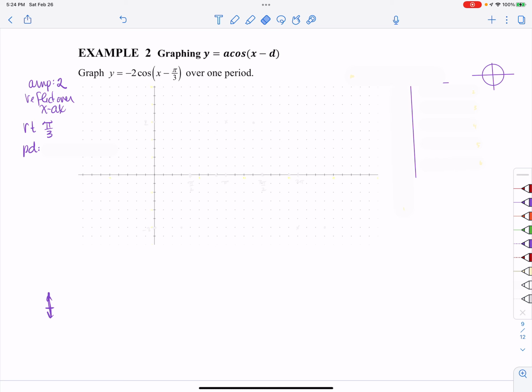And the period is going to be 2 pi over 1, which is 2 pi. So the first thing I'm going to work with is the amplitude, the reflection, and the period. Those are the only 3 things I'm going to work with. And at that point, I will come back and work with shifting everything to the right pi over 3.